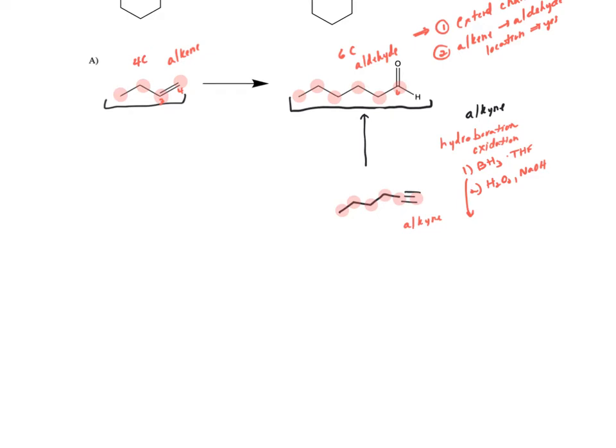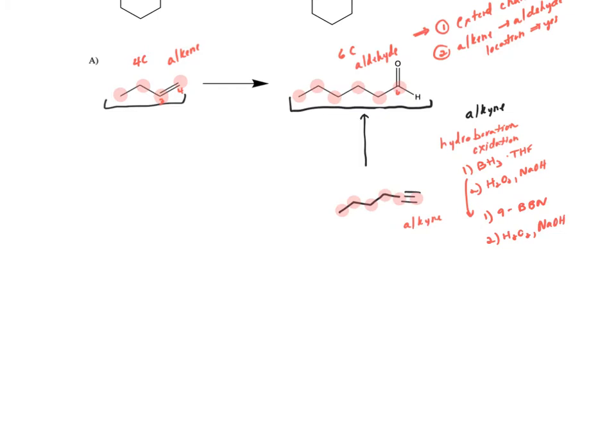Instead, we used a dialkylated borane. This could either be 9-BBN, followed by H2O2 and sodium hydroxide, or diisoamylborane. But again, I said you should use 9-BBN because it's easy to remember. So that's number 1. We do know how to make an aldehyde, and that's going to come from a 6-carbon alkyne.